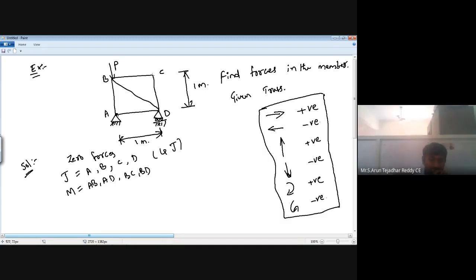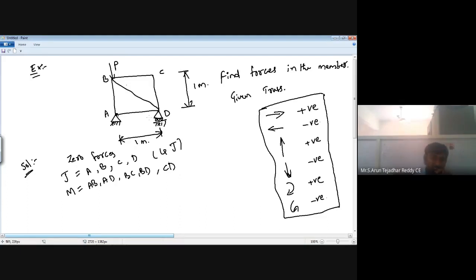If you take C, CB is one member, CD is another member. CB means BC is equal to CB, so BC we have already written. The next member is CD.